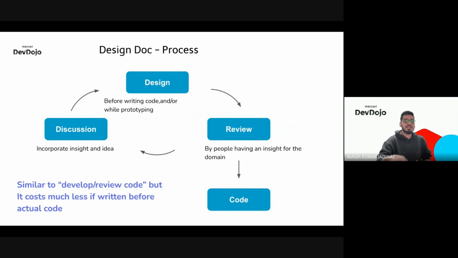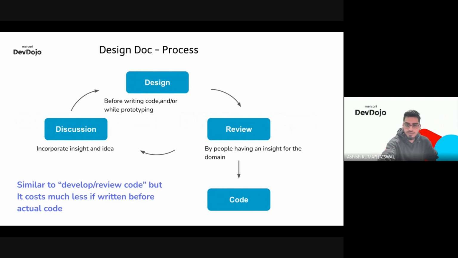Then we start writing the design doc based on whatever spec we have, and then we get review on our design doc from other stakeholders and also from the domain owners. After the feedback, if it needs to be updated, then we update the spec or the feature, write and update the design doc, and again get the review. Once we have the final review and everything is looking good, then we can start on the coding part.